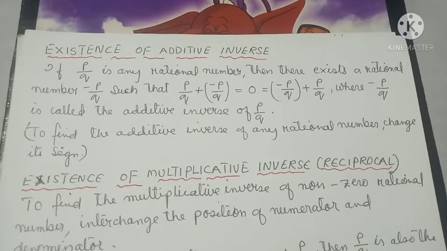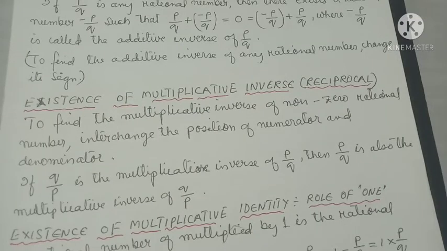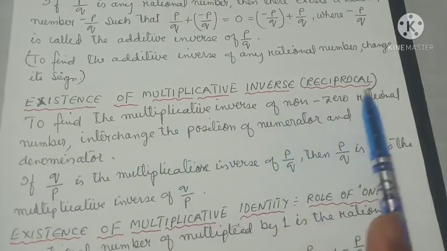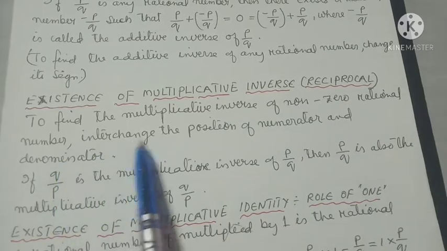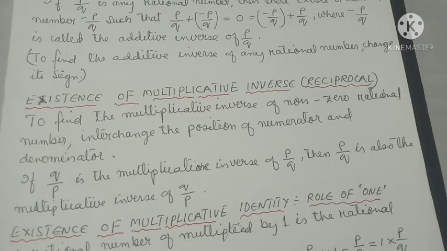Next we have the existence of multiplicative inverse, that is reciprocal. To find the multiplicative inverse of a non-zero rational number, interchange the position of numerator and denominator. In case of multiplicative inverse, that means reciprocal.